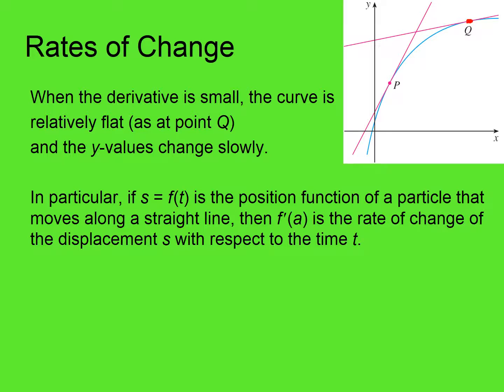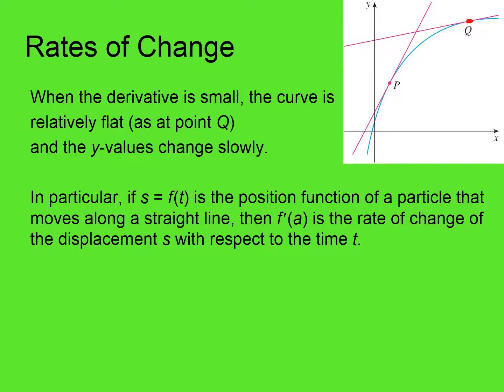In particular, if s equals f of t is the position function of a particle that moves along a straight line, okay? Now that doesn't mean f of t is a linear function. It just means that the particle is moving along a straight line, and then f of t is not likely to be a straight line. Then f prime of a is the rate of change of the displacement s with respect to time t.